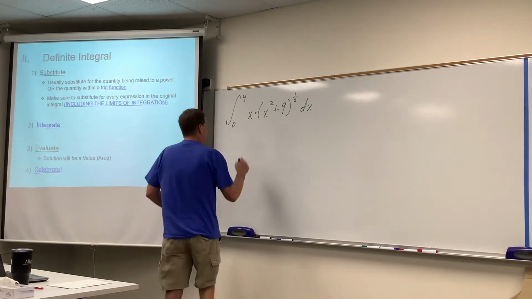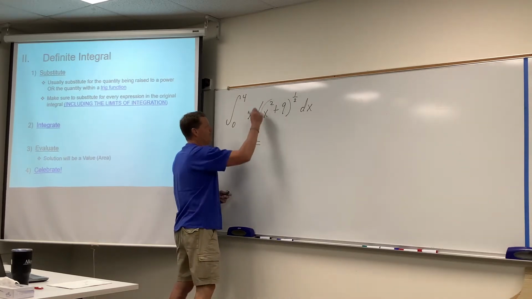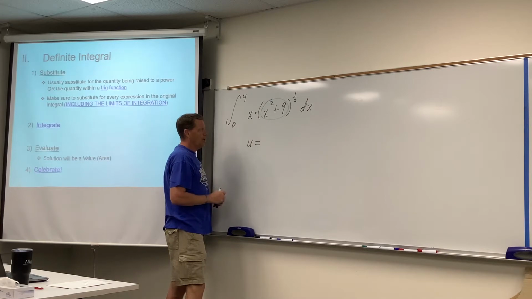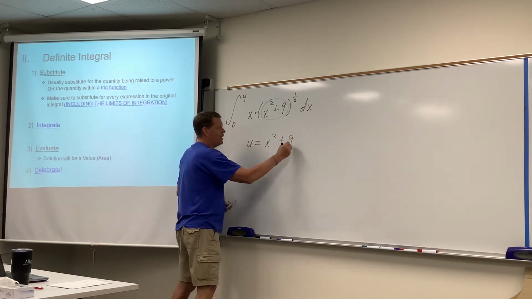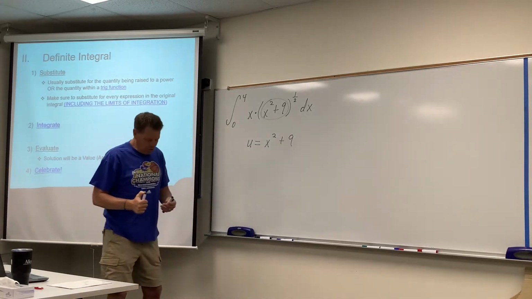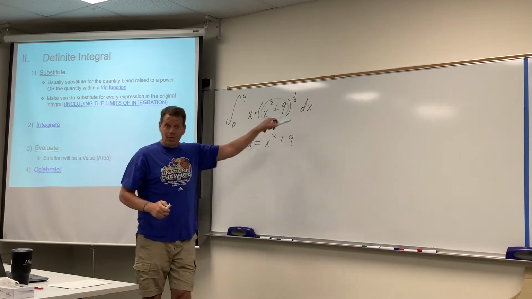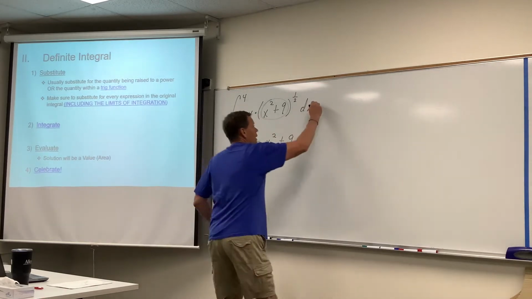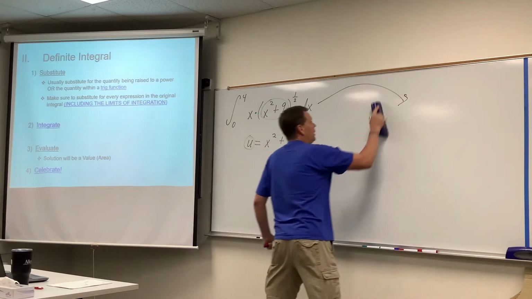So, my hope would be that you would look at this and say, you know what, that quantity being raised to a power would be a good candidate for setting equal to u, and therefore the variable u will take the place of that entire quantity, won't it? And so again, we're going to jump over here and replace that with a new integral.